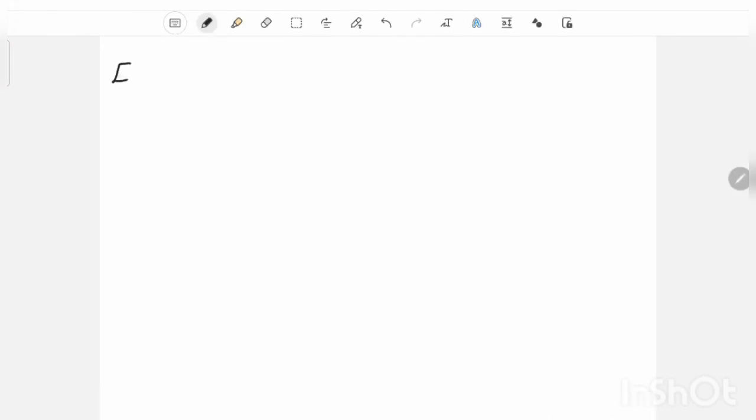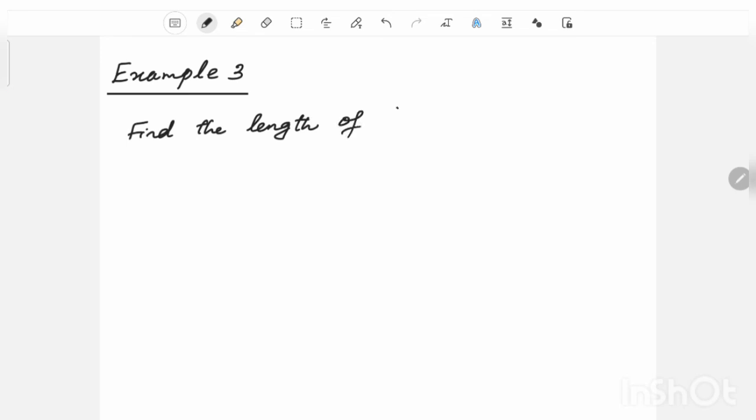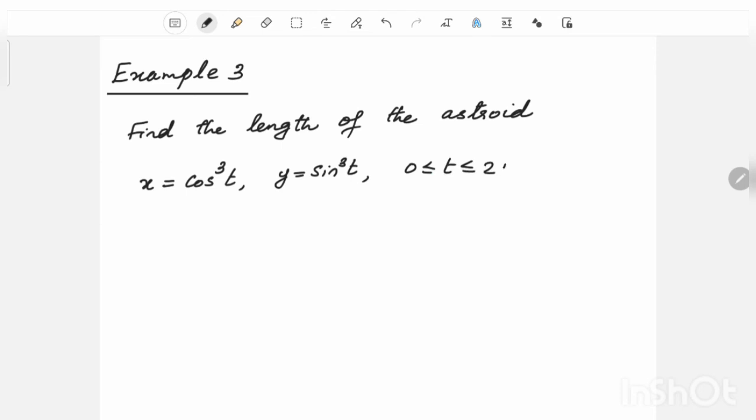Now we can have another example. Find the length of the asteroid x is equal to cos cube t, y is equal to sin cube t, where 0 is less than or equal to t less than or equal to 2 pi.